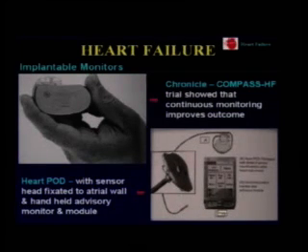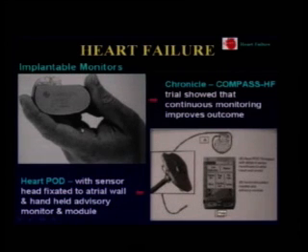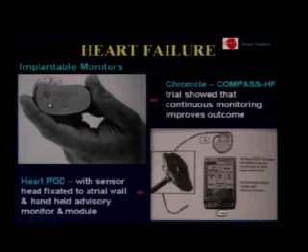There are monitors available so that the patients do not have to come to the hospital all the time, and these are also implantable monitors. The one shown here in the left hand corner is called Chronicle. This is a monitor which is implanted in the body, and we have a remote control in our own hand, as well as a monitor.